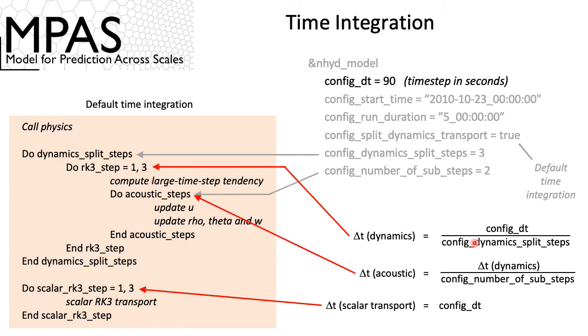And the acoustic steps are just the fraction, or this integer number, config_number_of_substeps, that divides the dynamic time step to give you each of those smaller acoustic steps. So those are the time steps you're setting when you set the main model time step, this config_dynamic_split_steps, and this config_number_of_substeps, when the split dynamics transport is true.